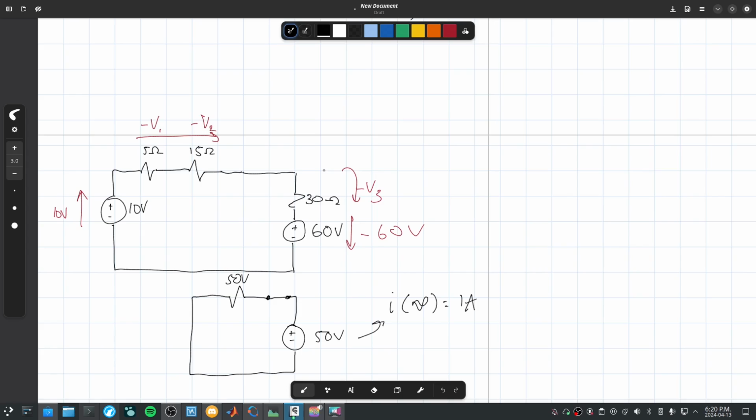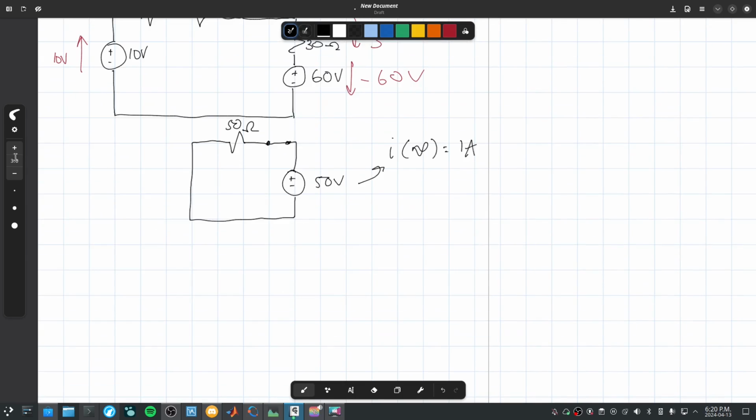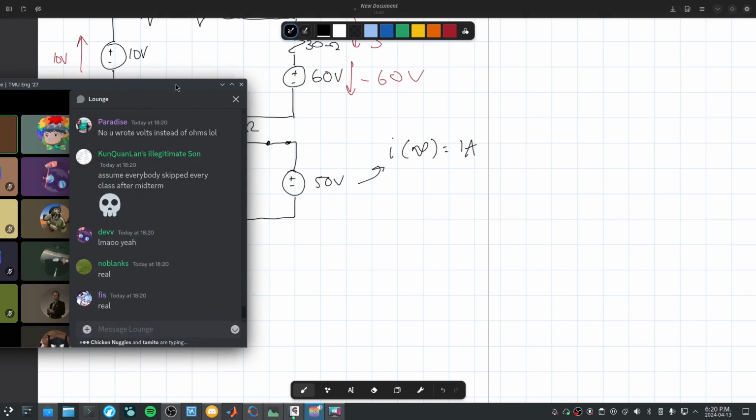Is this tutorial beginner friendly? I don't entirely know everyone's level of knowledge. Oh, I wrote 50 volts. Sorry. You're right. I don't know everyone's knowledge in this, so I'm trying to keep it simple. But if you think I haven't explained a part, just say so, and I will. But assume everybody skipped class after midterm.